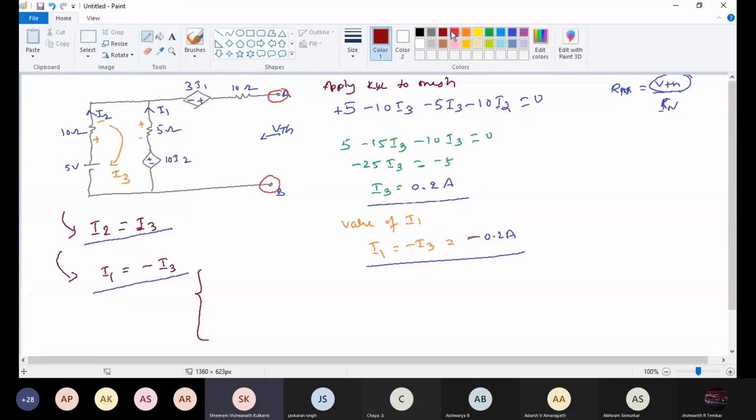I'll simply write here the equation for VTH. Now consider this. By seeing from terminals A and B, we need to write the equation for VTH. Consider the path.